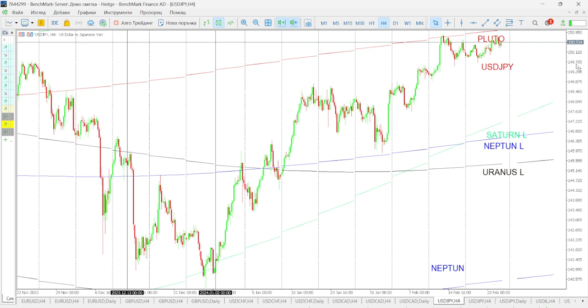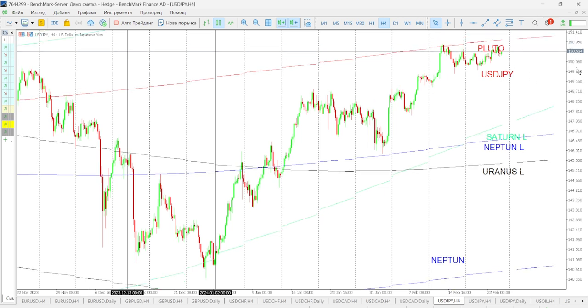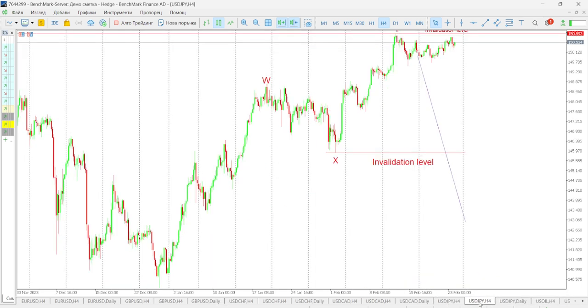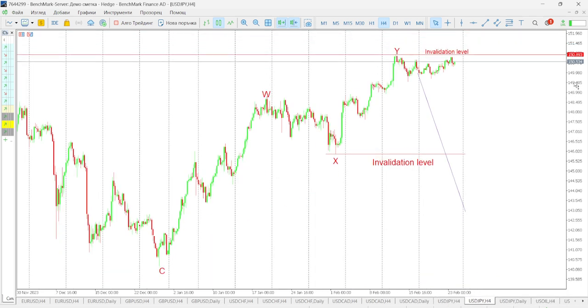Maybe the price should continue going up in terms of Elliott wave, but I will look at this level here for the next week. What happens here? It's a very important level, if I'm not mistaken.